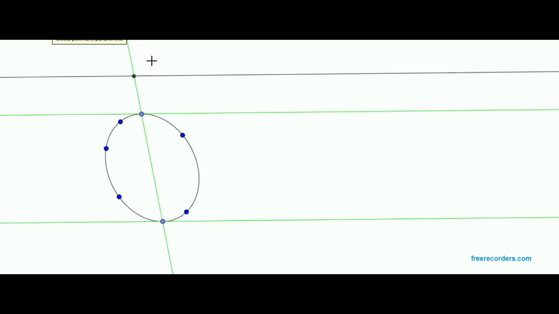And then basically the way we continue is quite similar to before. We draw tangents out of this black line to our conic.